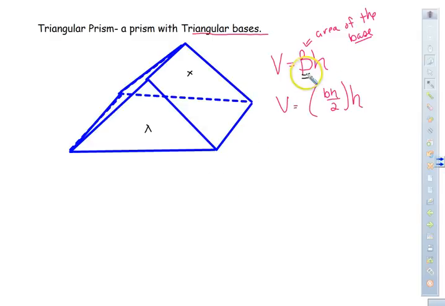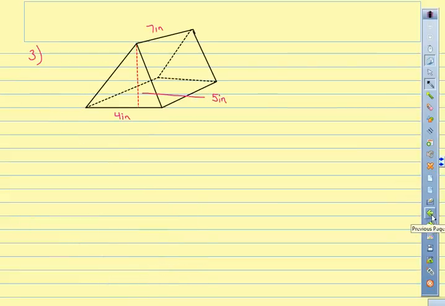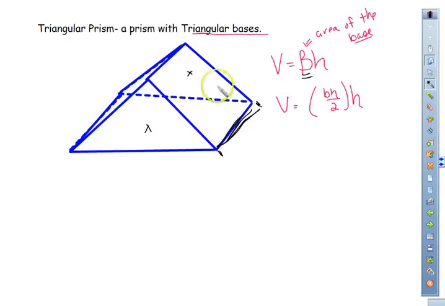So we're going to replace the area of the base with the actual formula of the triangle, which is base times height divided by 2, times the height of the actual figure, which would be from this point to this point, because that's how tall the triangular prism actually is. Again, if you did not get this information down, please hit pause and copy that formula down, because you're going to need both those formulas for the problems we're about to solve.